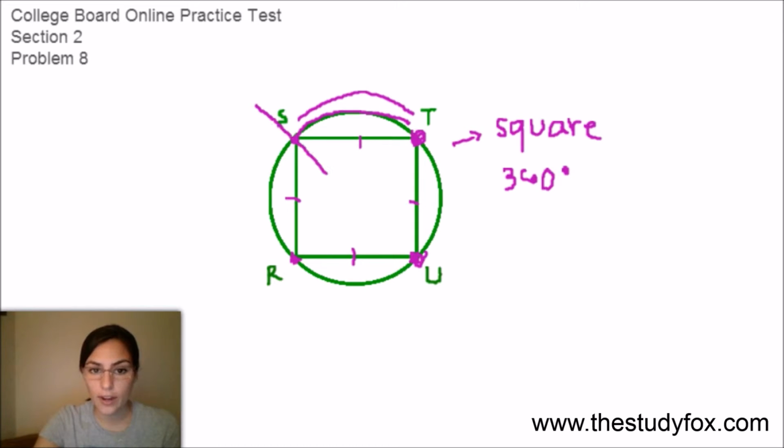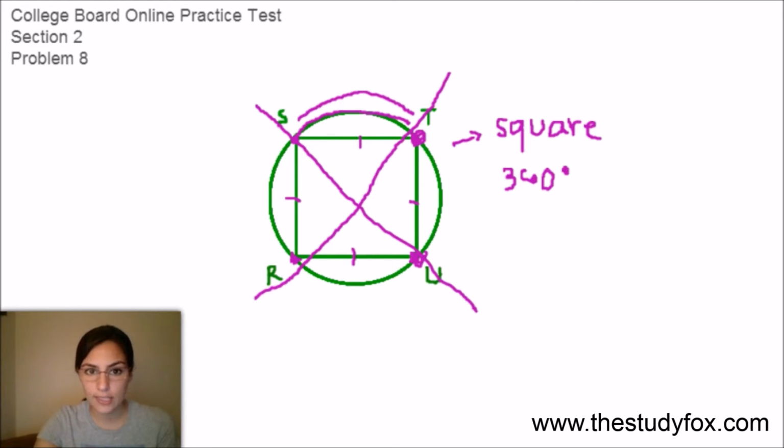Because the square is splitting up the circle into 4 equal parts. Because remember, everything on a square is equal. So if all the corners are touching the circle, then it's going to split up the circle in equal parts.